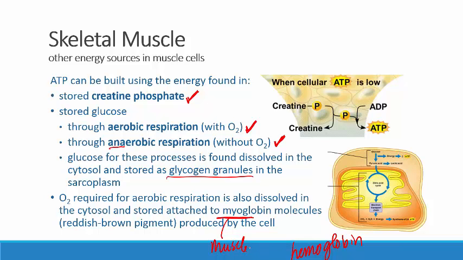So that's sort of the pathways that we go about building ATP with in order to have sufficient energy to keep our muscles contracting. And in order to store up additional oxygen, we use myoglobin. All right, because oxygen is so frequently a limiting material in the process of cellular respiration.